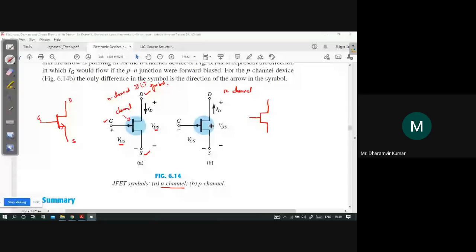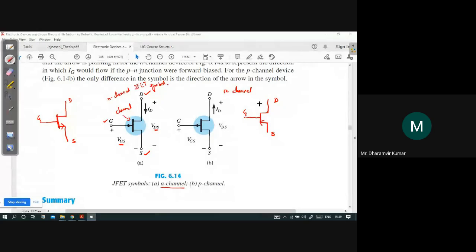So this arrow on the terminal will signify that this is the source terminal, this is the drain terminal, and the middle one is always the gate terminal. So these are the symbols, again similar to BJTs but not identical.